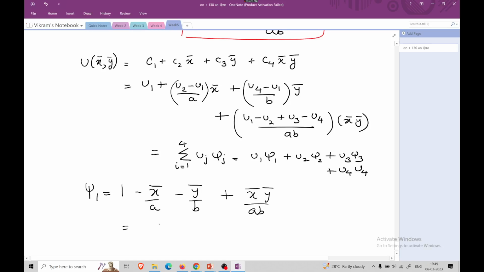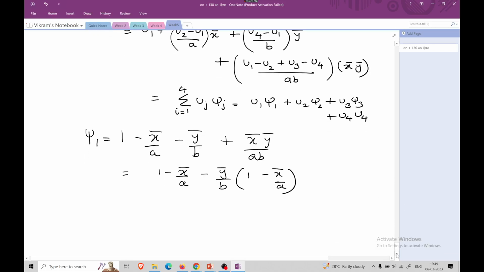So if I take common 1 minus x bar by a, finally one minus x bar by a into 1 minus y bar by b. So I take 1 minus x bar by a common, and 1 minus y bar by b will be remaining.